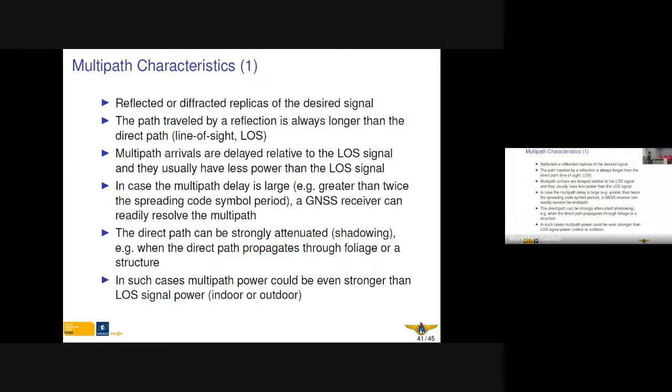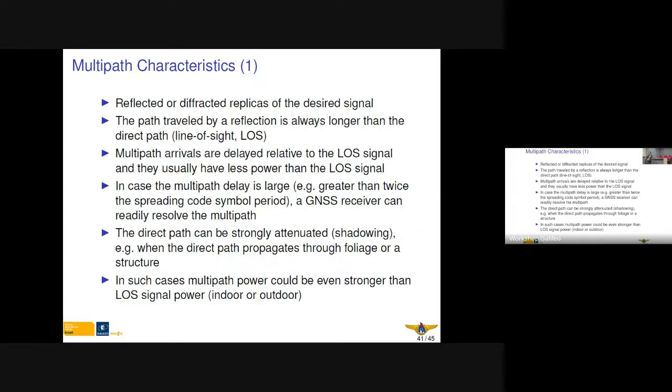And in case the multipath delay is large, that means greater than twice the spreading code symbol period, so the chip duration that we defined in lectures 1, 2, and 3, the GNSS receiver can readily resolve the multipath, because then the signal is uncorrelated. So the multipath signal is quasi uncorrelated to the line of sight signal. So this doesn't hurt the synchronization anymore.